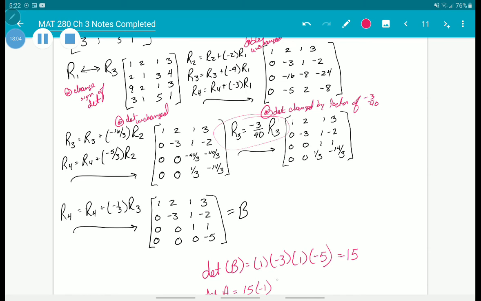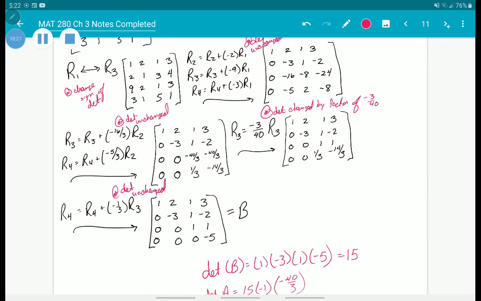So to undo that, we're going to multiply by the reciprocal. And then in that last step, because it was a row plus a non-zero multiple of another row, the determinant is unchanged here.